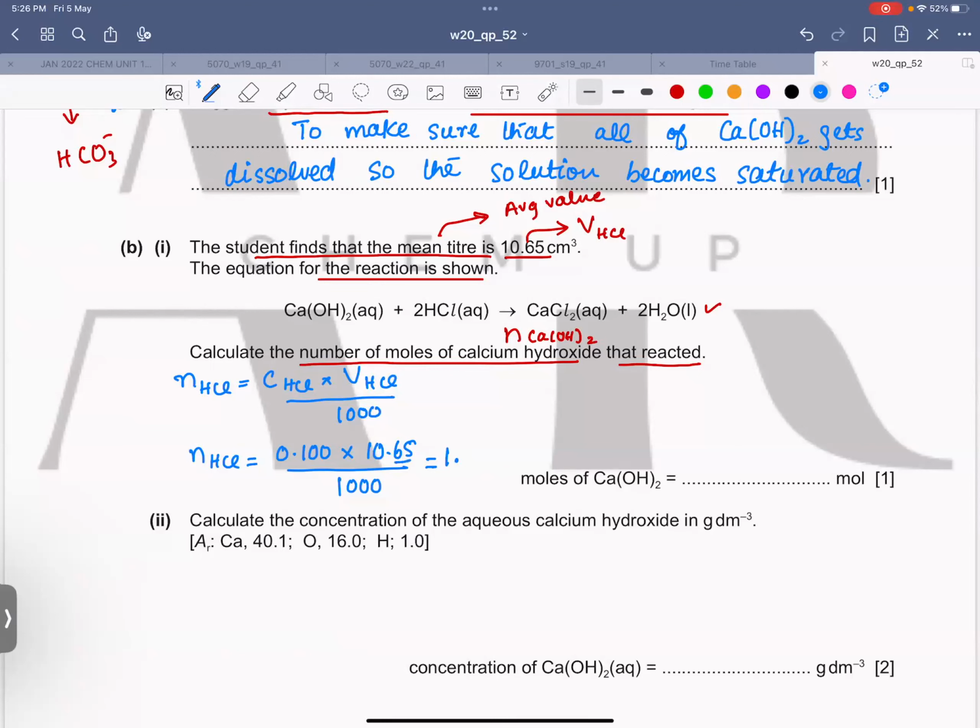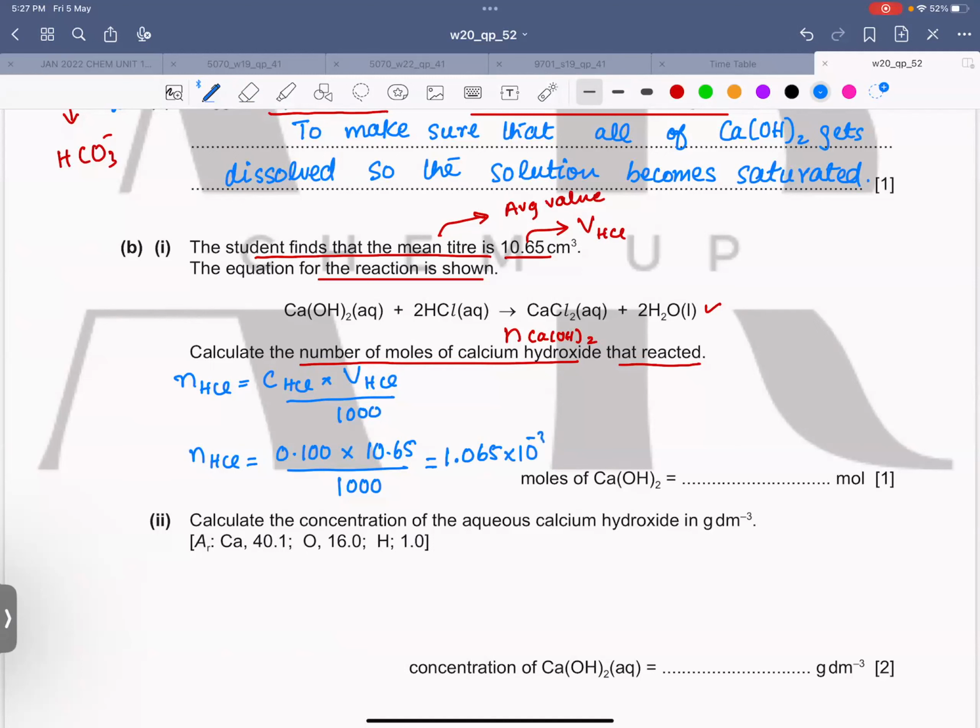Do it again, because it's a 6 over here, so it must be 6.5, Ahmad. Right, okay, I took 3.5. So 1.065. Record. Is it 1.065 exponent minus 3?